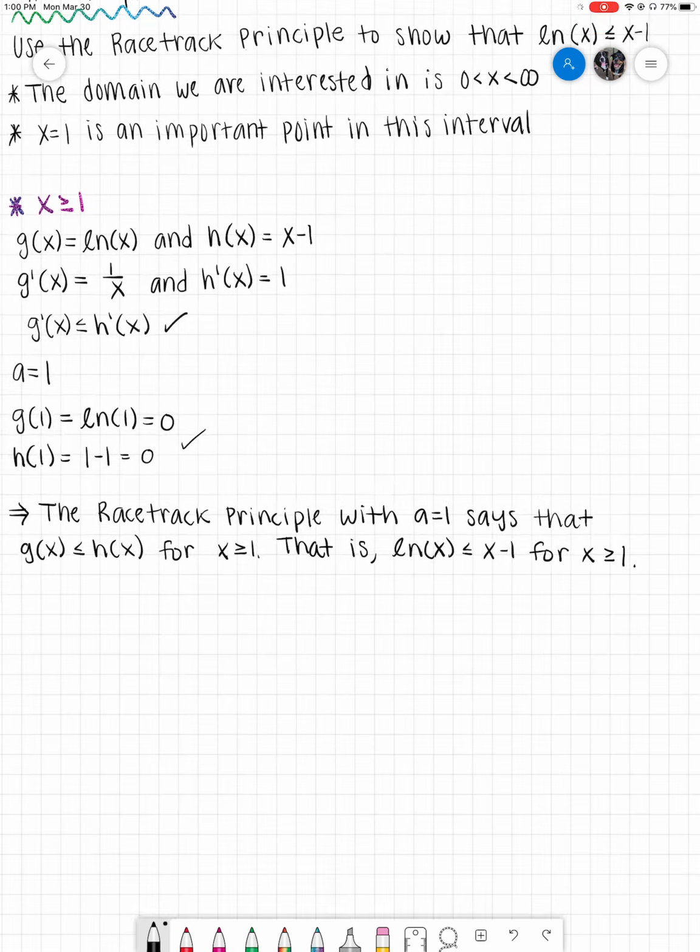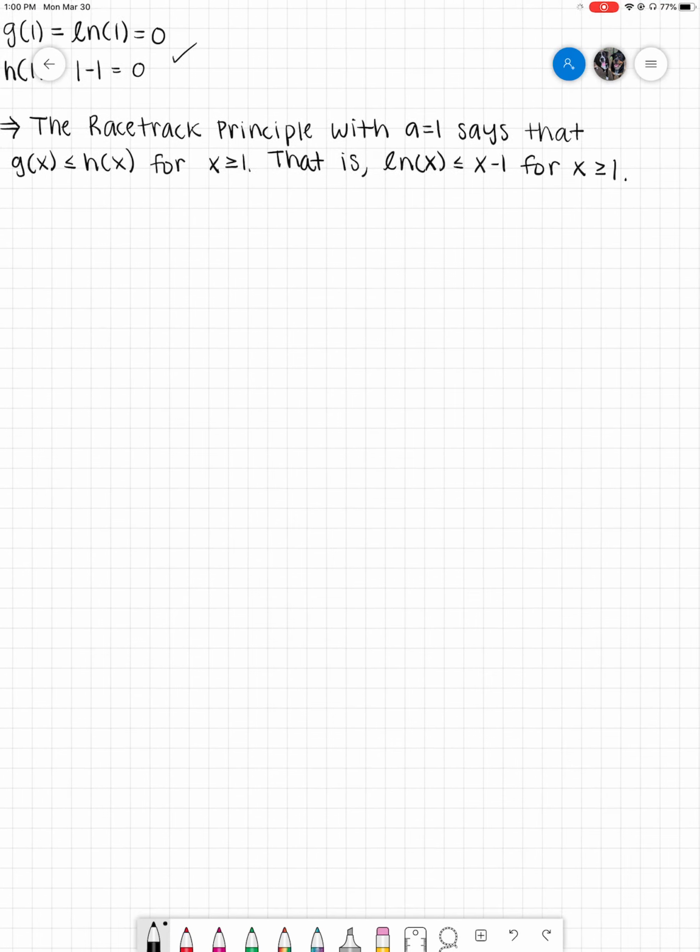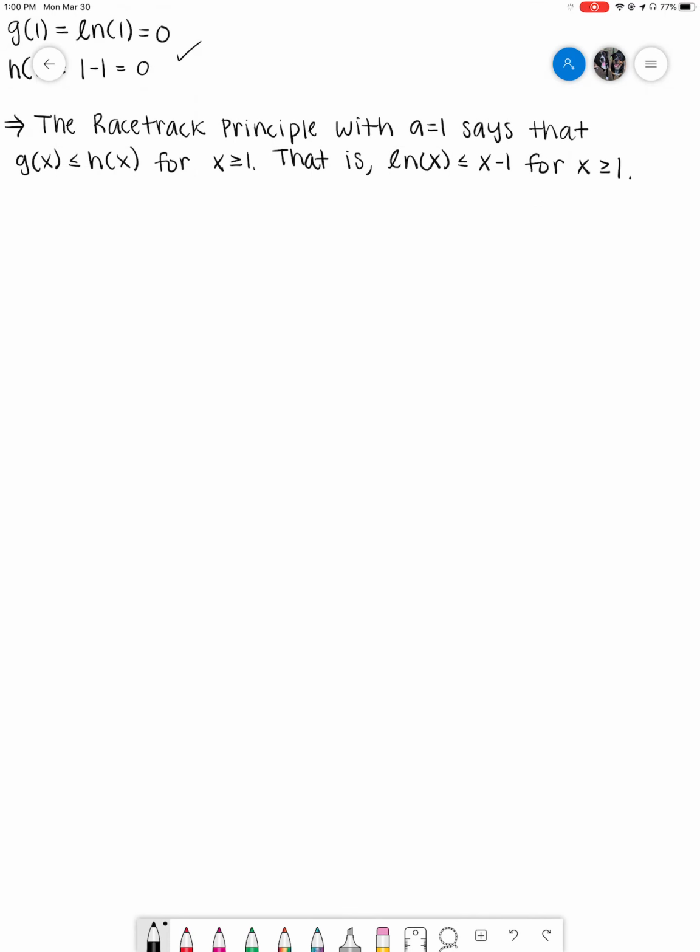What happens when x is less than 0? Or not 0, sorry. What happens when x is less than 1? So when x is less than 1, I'm going to rename things. So I'm switching what g and h were. That way we can keep with the notation from our racetrack principle theorem.